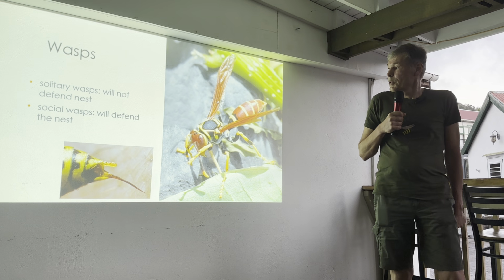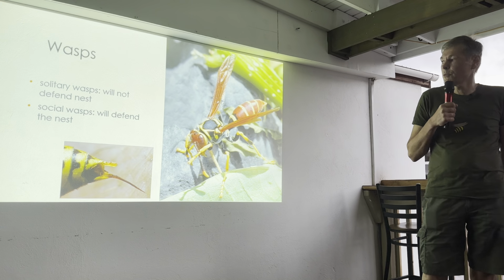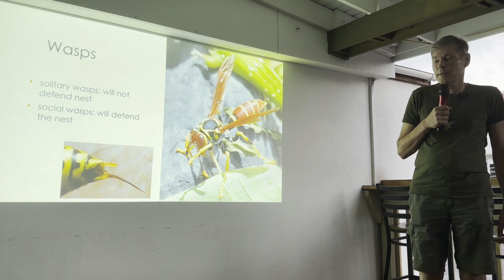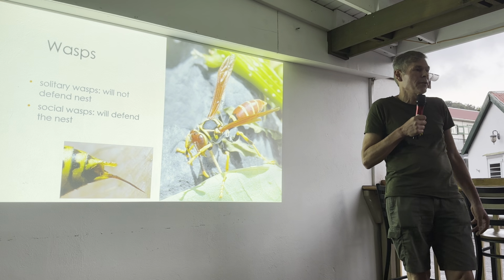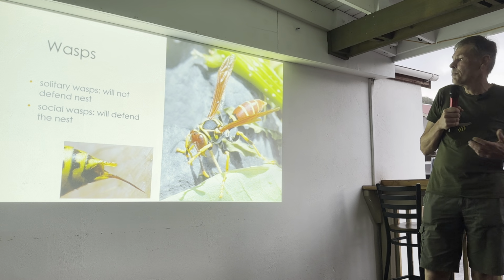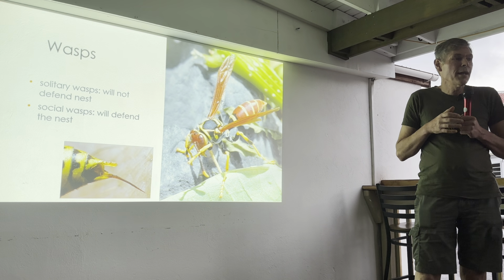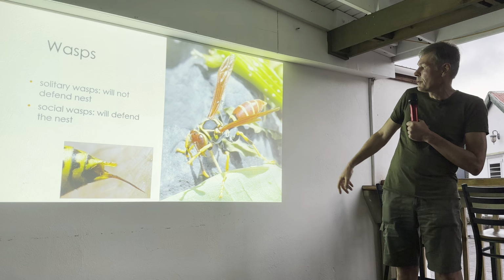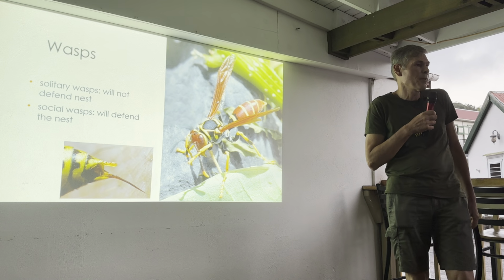But you also have the social wasp, which has the queen wasp, which is very well known, of course, and she lays eggs, which will turn into workers. They do all the work for her, and eventually there will be a generation with new queens and males. And the only one on this island is the Jack Spaniard wasp, which is the most common wasp here, of course.